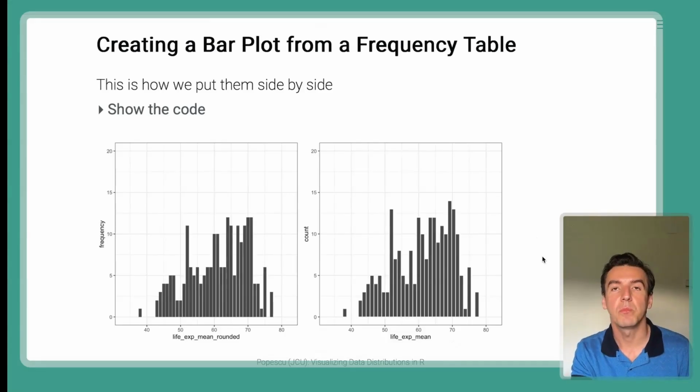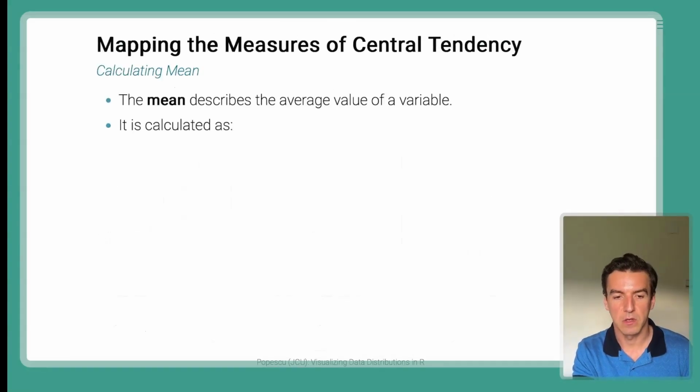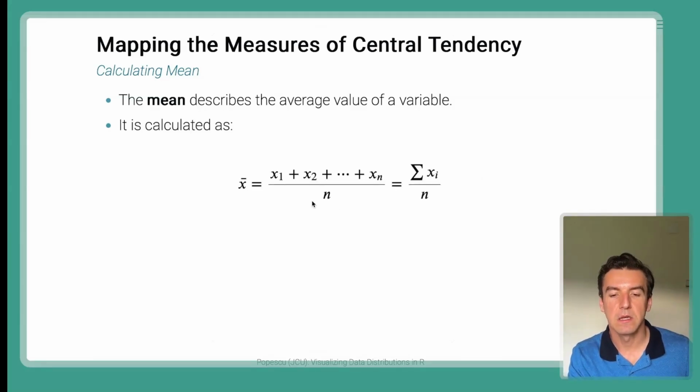But again, the point of this was to show the mechanics behind a histogram and to understand better what a histogram is and to understand the logic of a bin conceptually. Okay, so remember that the mean shows us the average value of a variable. This is simply calculated like this: x bar equals x1 plus x2 all the way to xn divided by n.